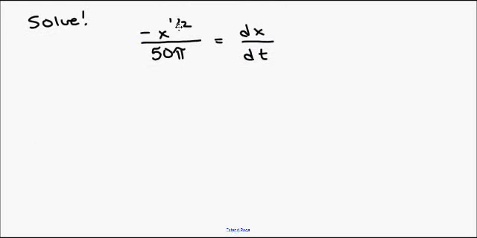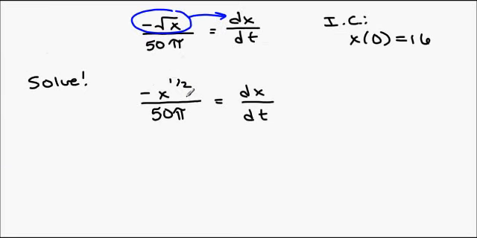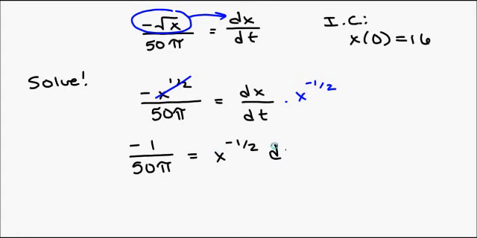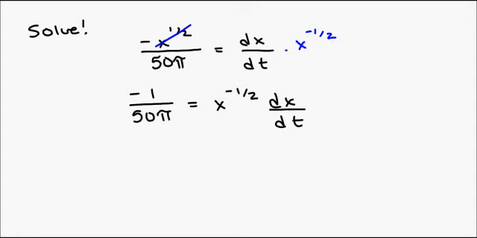And I'm going to divide by x to the 1/2, which is the same as multiplying by x to the negative 1/2. So I have negative 1 over 50 pi equals x to the negative 1/2 dx dt. Alright. Next we're going to integrate both sides.